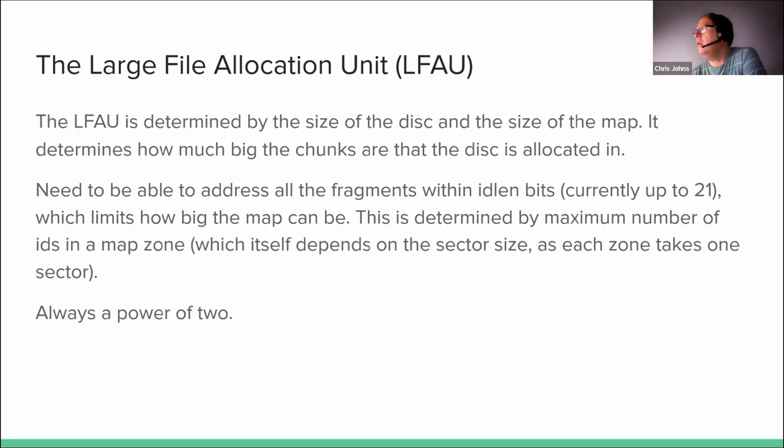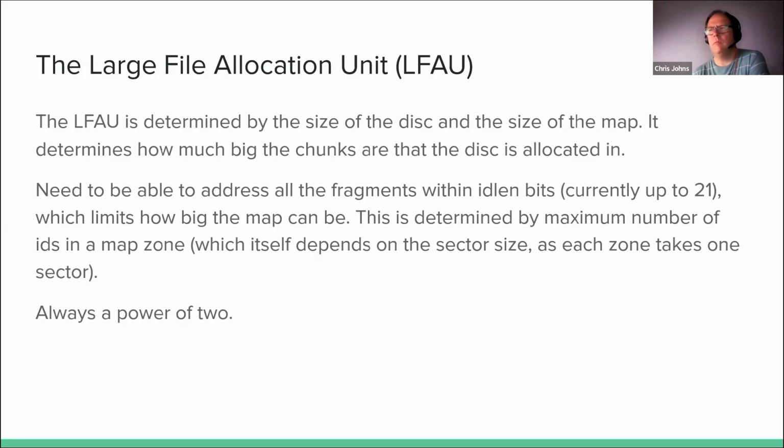It's always a power of 2, which is many things in Filecore are always powers of 2, and the fact they're stored internally often as basically the log2 of the value. So sector size is stored as log2 sector size. So it's like 9 or 512 bytes.